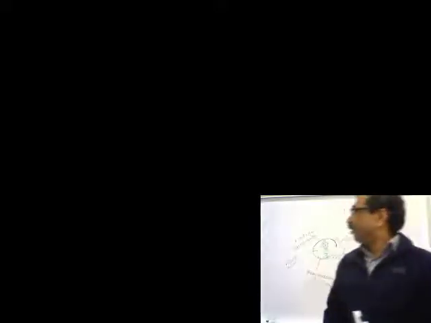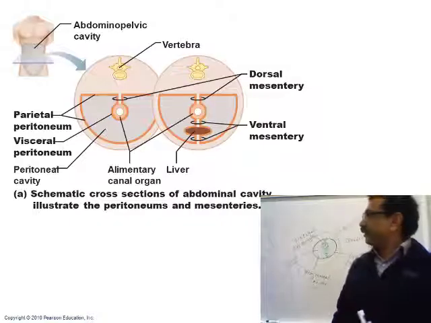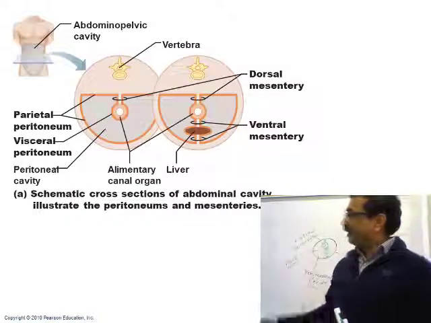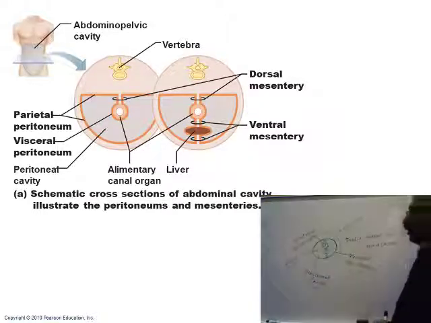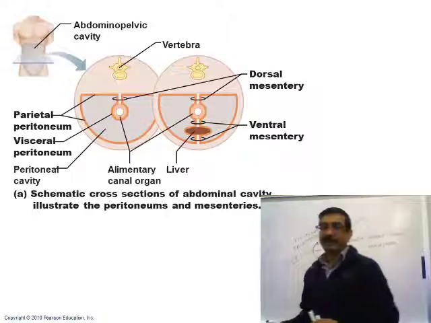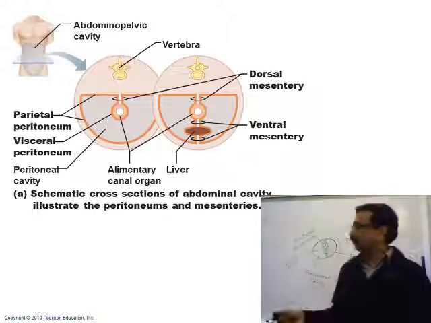This is also a mesentery. Okay. So here you see the same thing that I showed you in my drawing. You see dorsal mesentery in the back, ventral mesentery in the front, and you also see the peritoneal cavity, parietal and visceral layers of peritoneum.